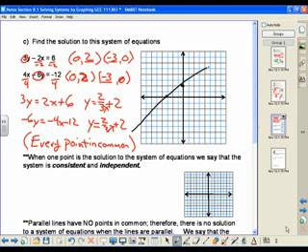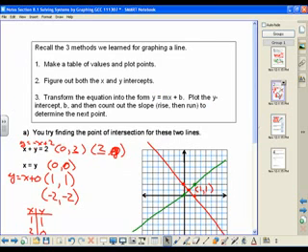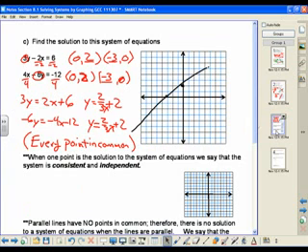All right, so when one point is the solution to a system of equations, we say the system is consistent and independent. Something like this should be your illustration of independent and consistent.